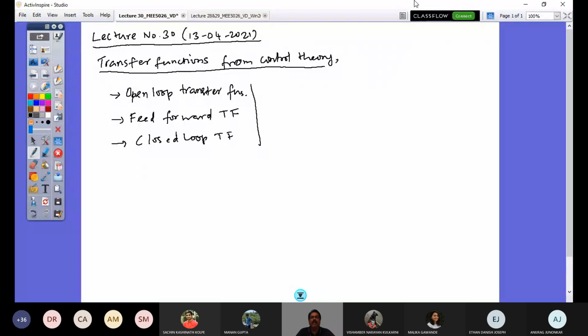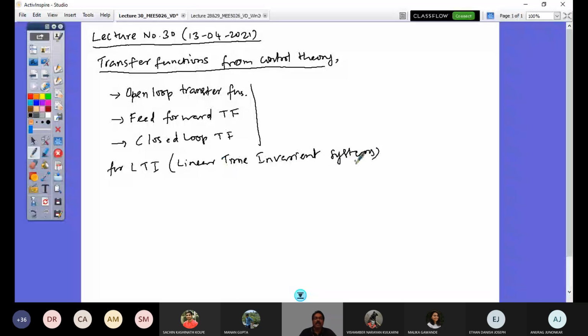So how do you define these systems, right? What are we going to look at now? Control system theory deals with the linear time invariant system, LTI system, that we call. What is it? Linear time invariant system.